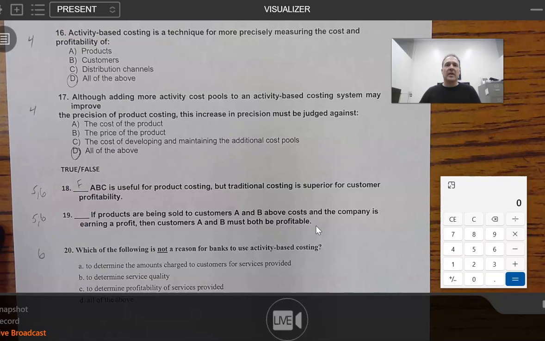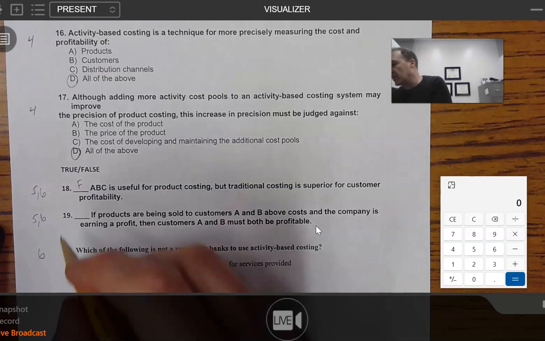Does that mean that both customers were profitable? The answer is no. It does not mean that. That could very well be the case, but we can't guarantee that that's the truth. It could just be that the first customer was profitable by a larger amount than the second customer was unprofitable. So we still have a small pot of gold at the end. So this is actually a false statement.